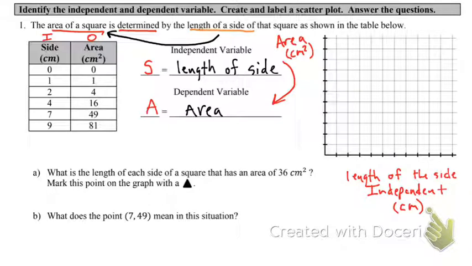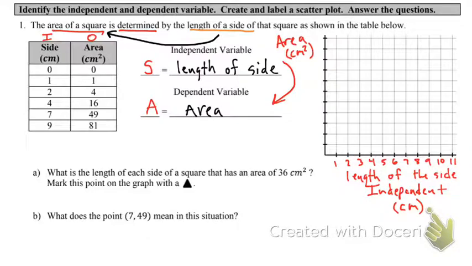Okay, and now we're going to number this. We have to have these numbers coincide with these numbers. I could just use 1, 2, 3, 4, because it only goes up to 9. So let's do that: 1, 2, 3, 4, 5, 6, 7, 8, 9, 10, and 11.